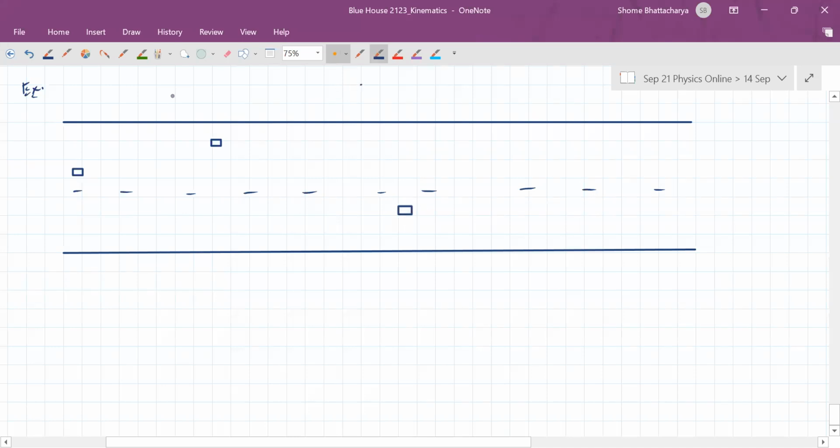So we have this situation at time t equal to 0. Cars A, B, and C are like this.